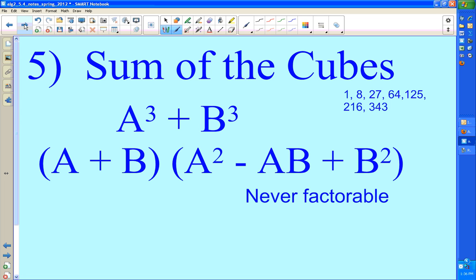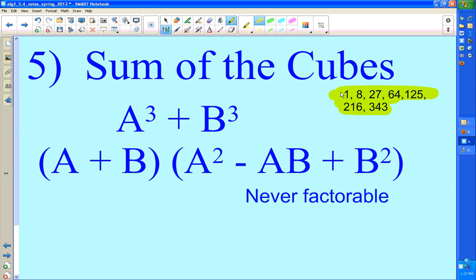We talked about these, and I said, look, you really want to make sure you memorize your perfect cubes. Here's the first 7: 1, 8, 27, 64, 125, 216, and 343. You want to recognize them on sight. If you ever see them out on the street, you want to go, oh yeah, 343, I know you. You're 7 cubed.